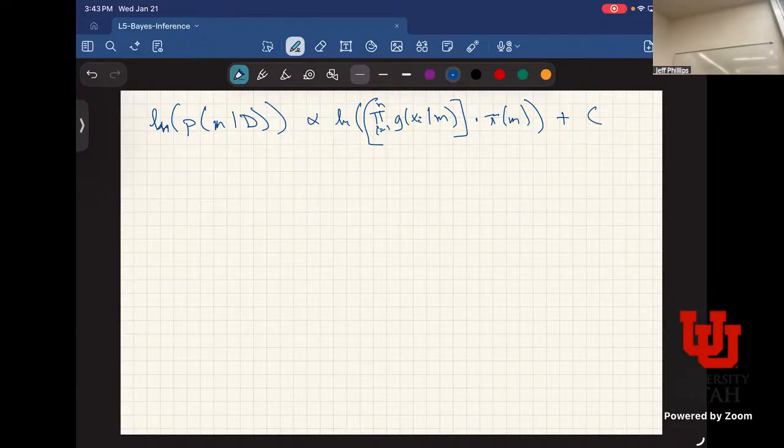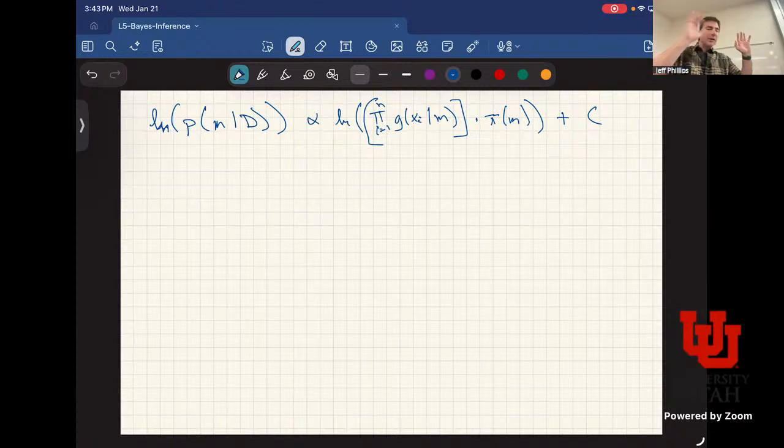So when I pass through a log, there's the constant factor that I was dealing with in the proportional to before I did the log, that turns out to be a constant. So now I need to say there's some constant that I'm not going to worry about here.